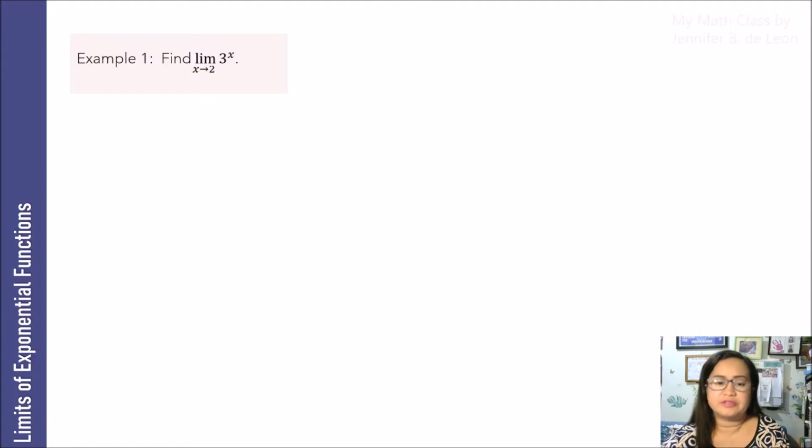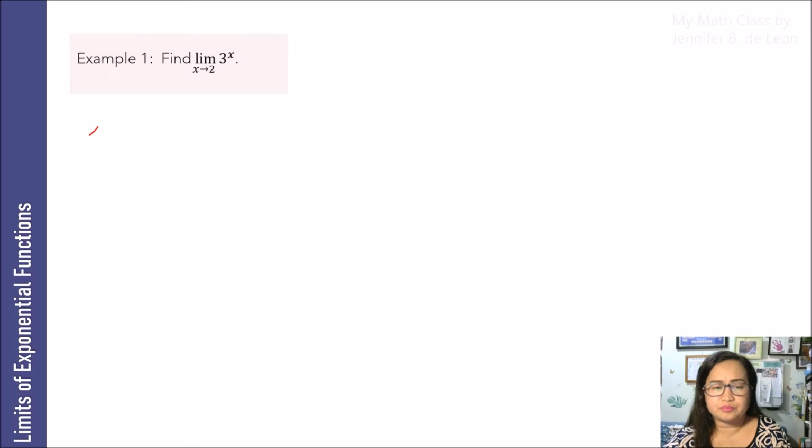Okay. Now let's have another exponential function. Find the limit of 3 raised to x as x approaches 2. Now in the previous lesson, you have learned that we can just evaluate the given function at f of a, or we can evaluate 3 raised to x at x equals 2.